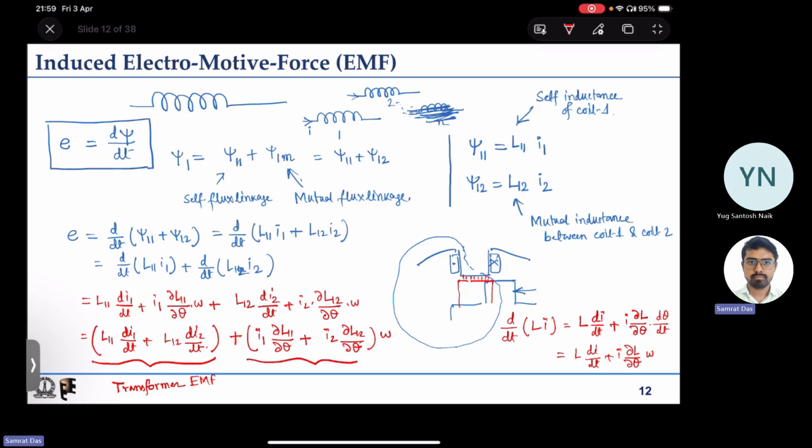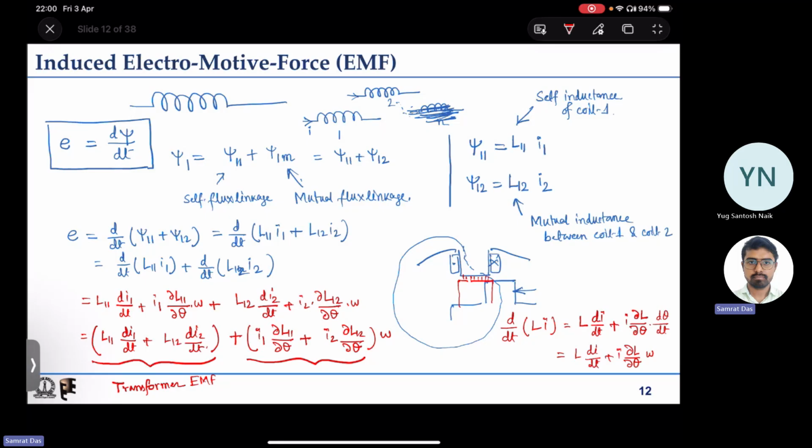And for the second term, something is rotating, at least in a rotating motor. Because of that, there is some change in the inductance between two coils or of a single coil. Either the inductance of the same coil changes, or the mutual inductance between two coils changes.